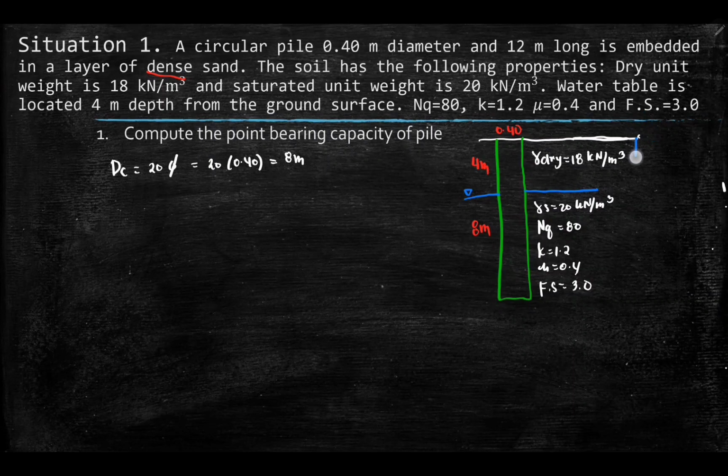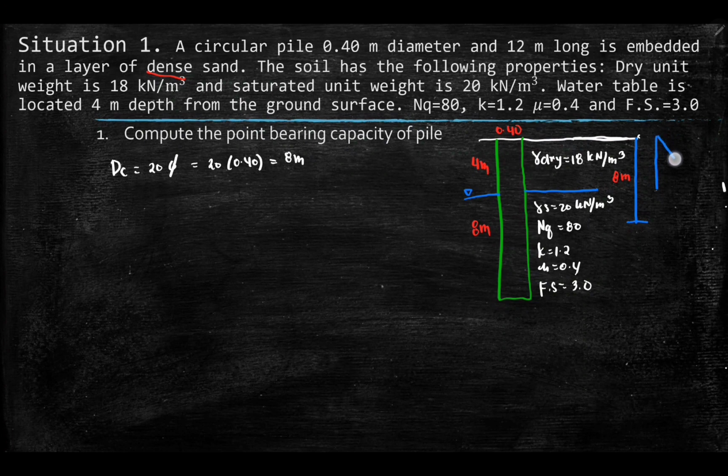So from the top of the layer to the critical depth, it is 8 meters. What is our pressure diagram again when we are at the critical depth?